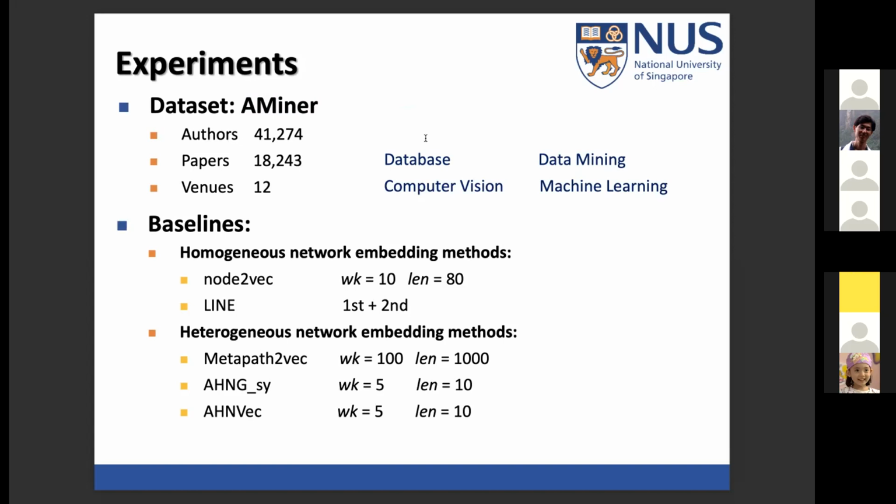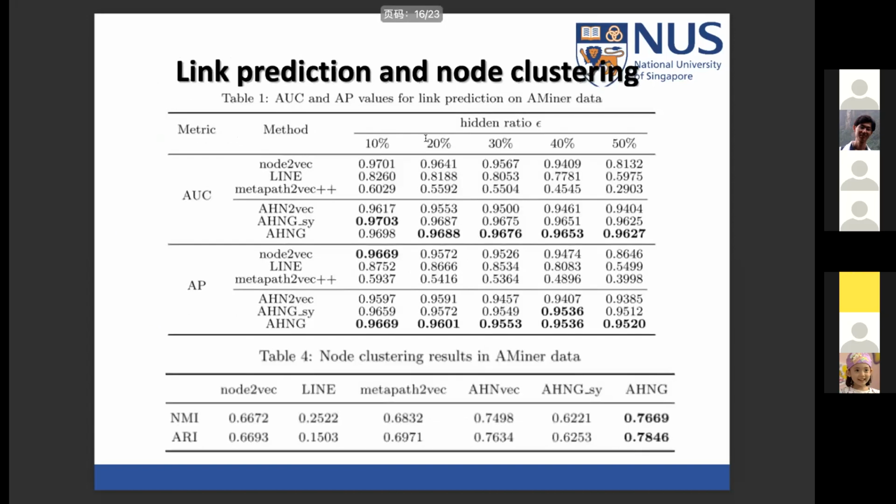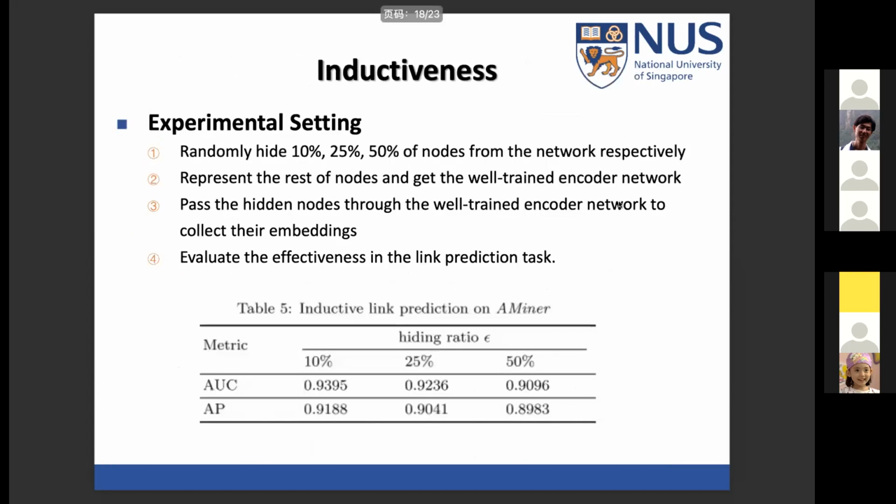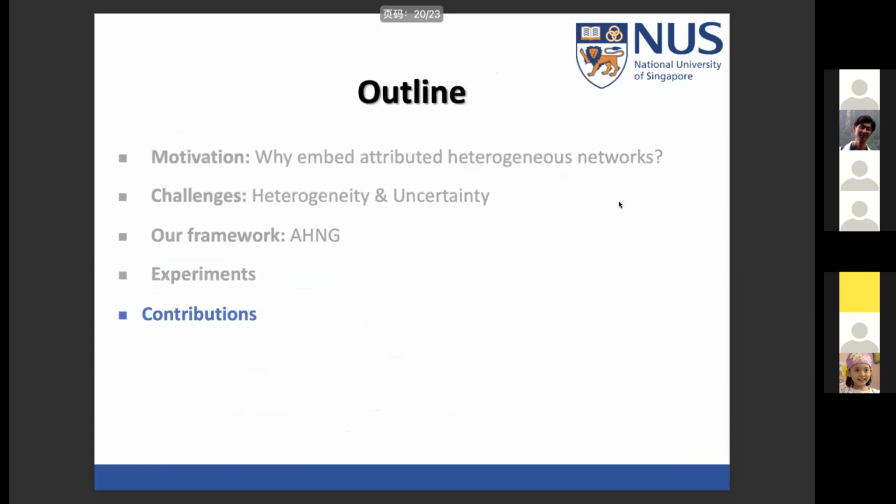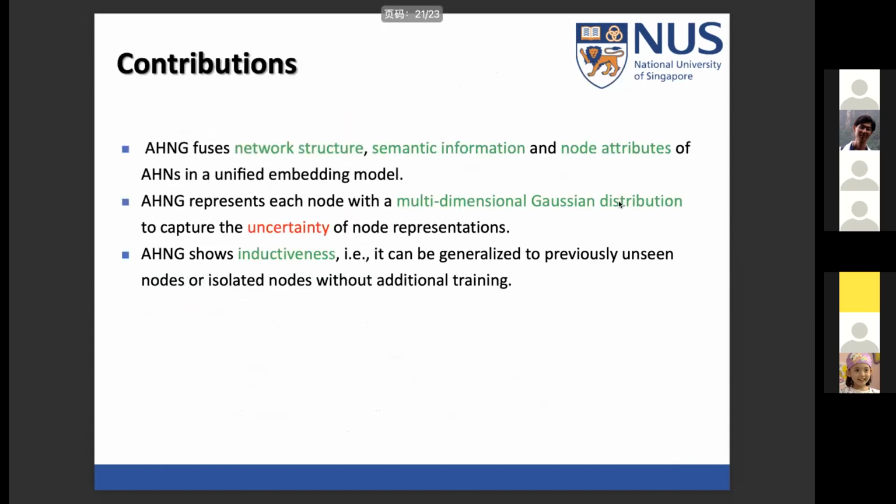Here are some parameters of the baselines, and these are the results. Maybe you can skip the results, since it's already 4 p.m. I think it's a very interesting talk.